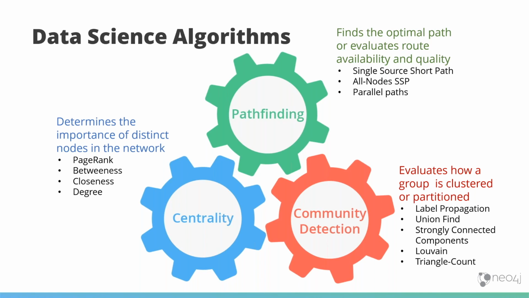These algorithms are really focused around, one, community detection, which identifies clusters of linked graph items; centrality, which identifies the density of highly and loosely connected items within that community; and then pathfinding, the ability to identify traversals across those clusters or environments, which is also built into these data science algorithms.